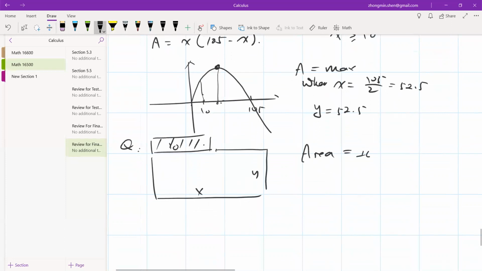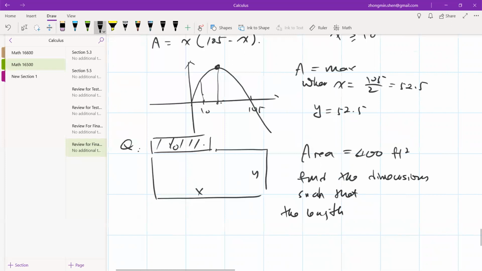I have 400. How about that? 400 square feet. Find the dimensions such that the length of the fence has the shortest possible value. The length of the fence is minimum.